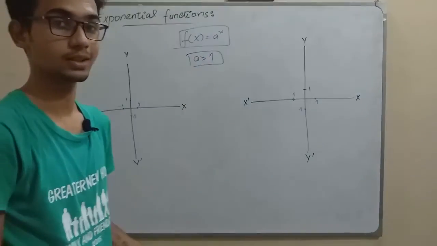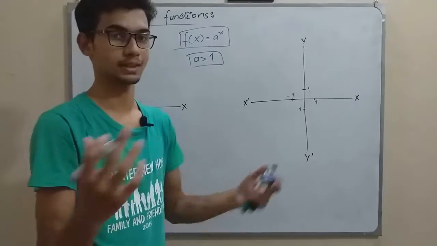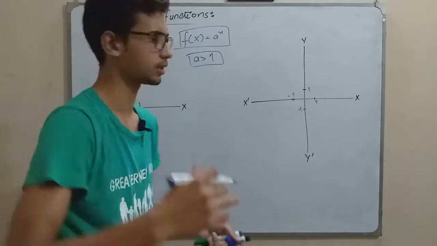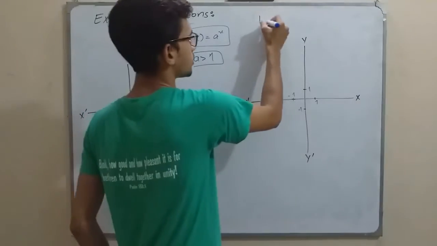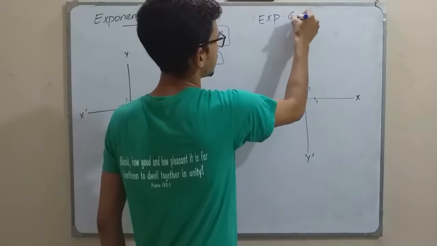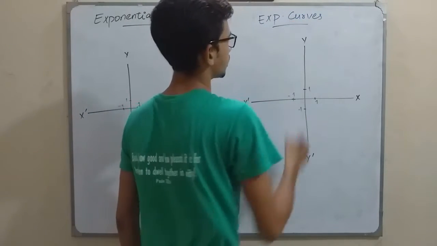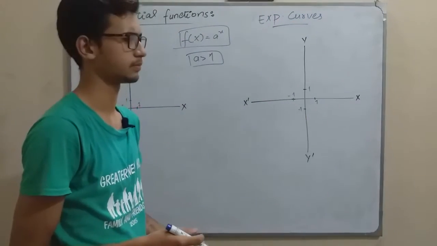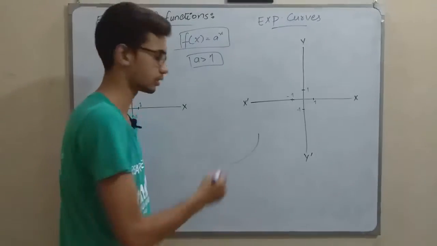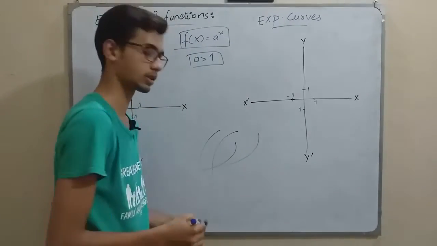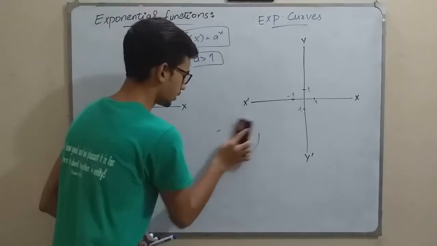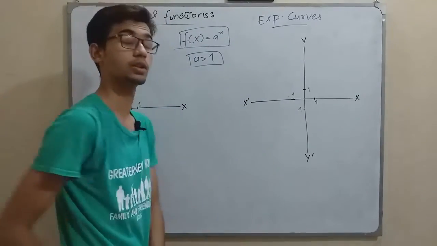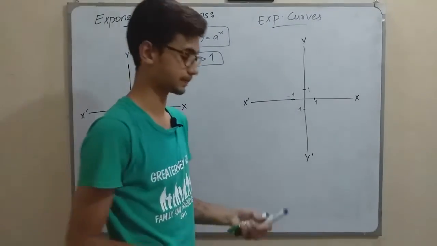Now the question arises, why should it be greater than or less than 1 to have an exponential? We have just reached the exponential curves. Curves means like this is a curve, this is a curve. A non-straight line is known as a curve.